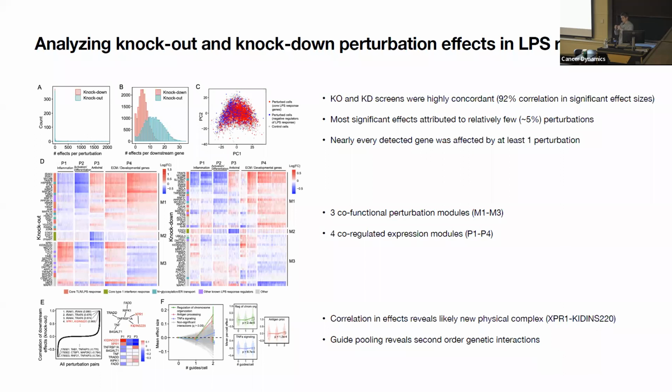The main reason is that the number of pairs of genes among a panel of 600 genes is 600 choose 2, which turns out to be a very large number. It's like 180,000 or something. So most pairs of genes we never actually observe in our data set, simply because there are so many of them. We didn't sequence 180,000 cells. So we absolutely do not have power at all.